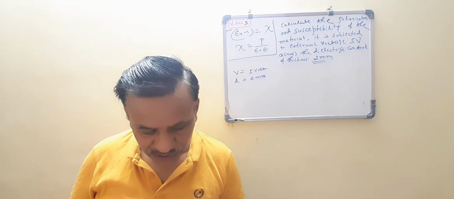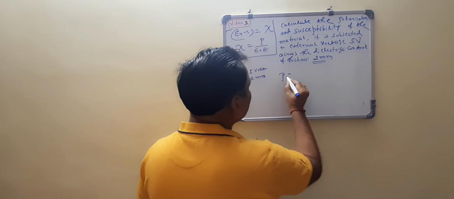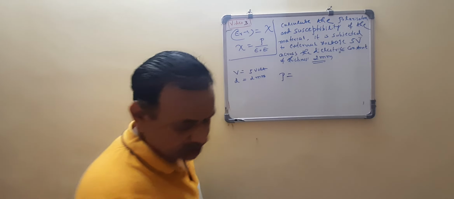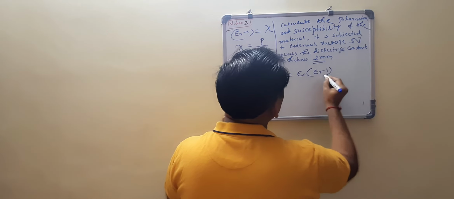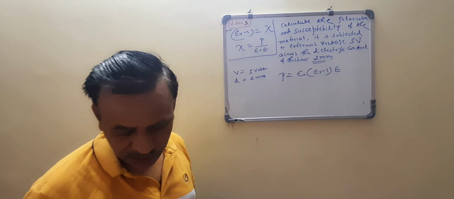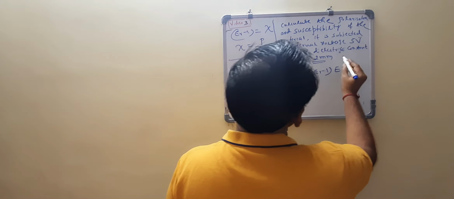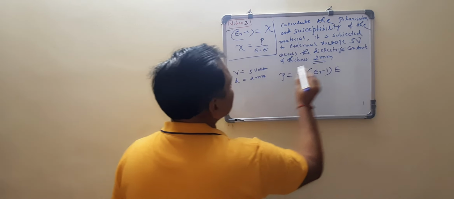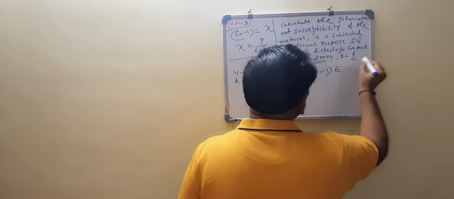Now, P equal to, you know that, epsilon naught into epsilon r minus 1 into E. This is the equation. Another quantity is there, dielectric constant. It is K equal to 6, no unit for it.